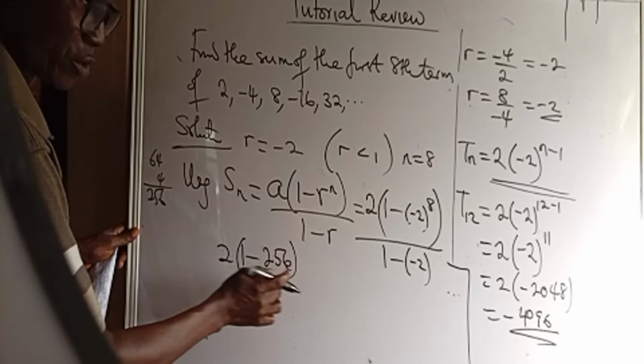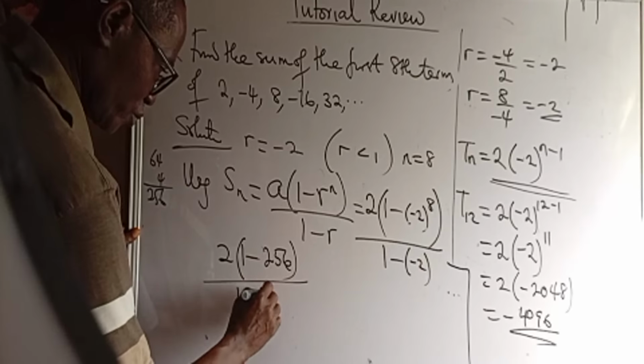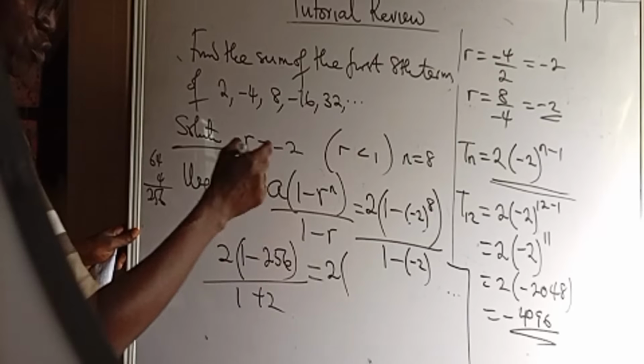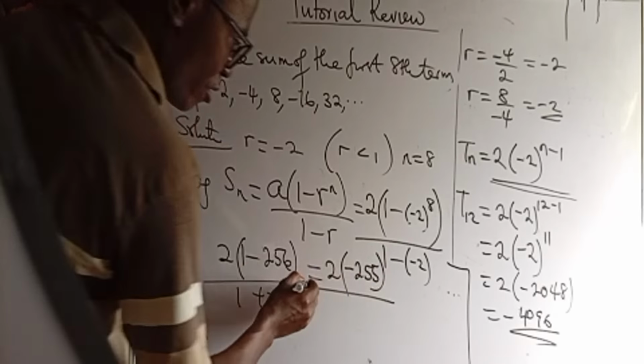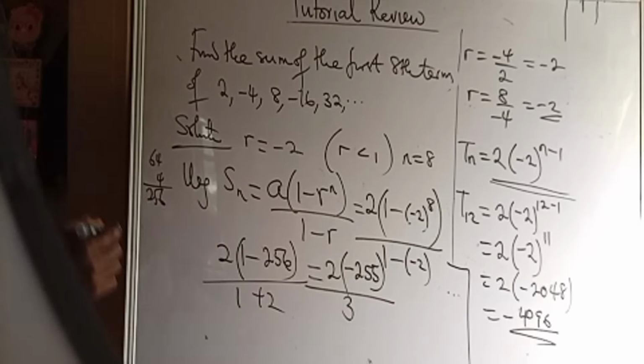Then 1 minus times minus is plus 2. So we have 2 into 1 minus 256, that's minus 255, all over 1 plus 2, that's 3.